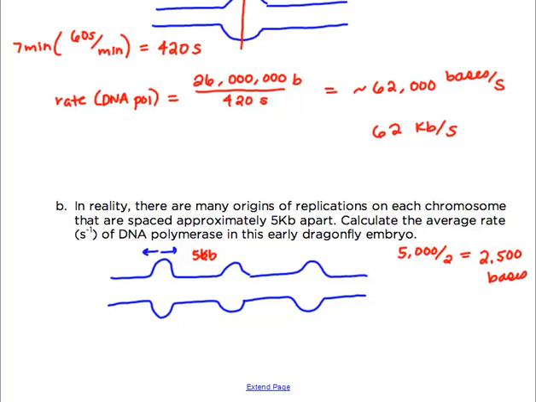So again, to find the rate, we know that 7 minutes equals 420 seconds. So to find the rate here, we're going to do 2,500 bases divided by 420 seconds.